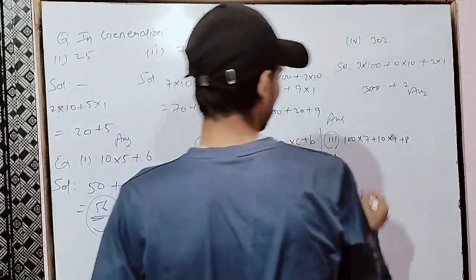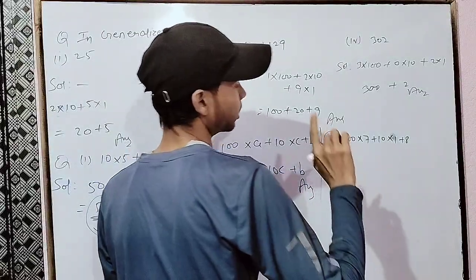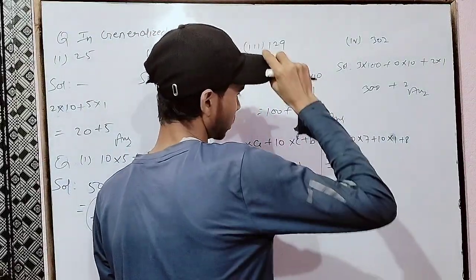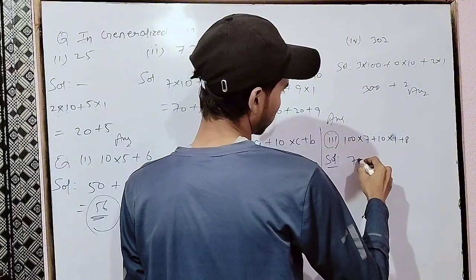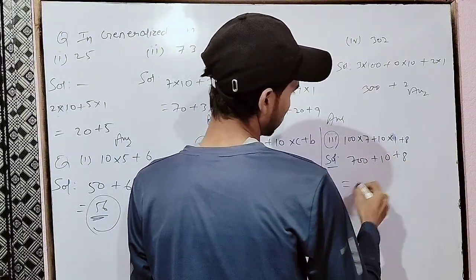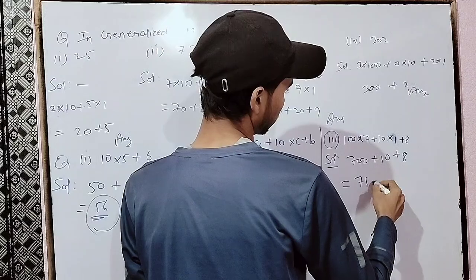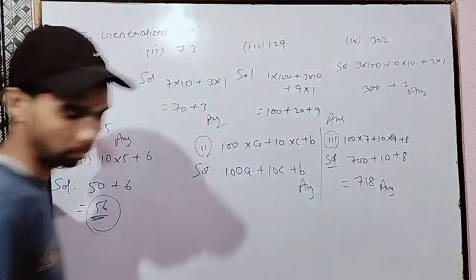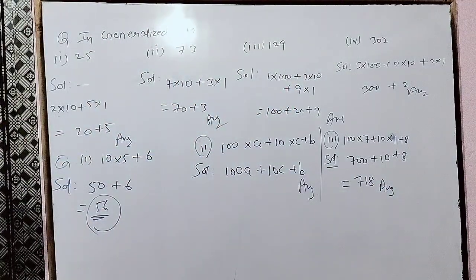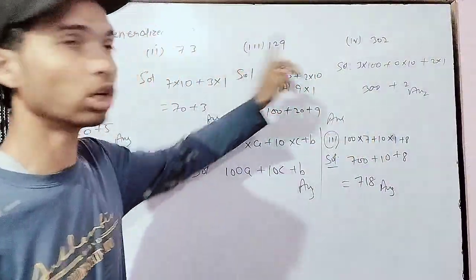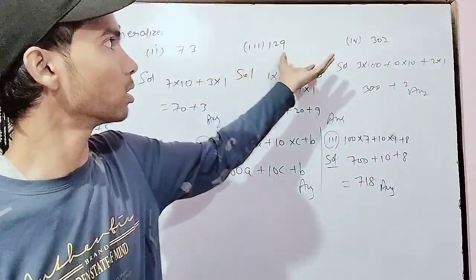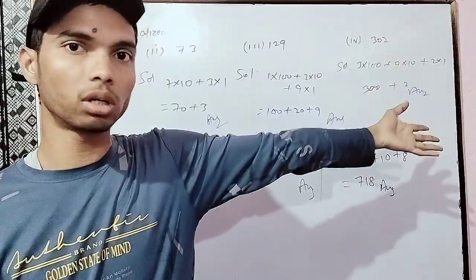Look at this. 100 times 7 will be 700. 10 plus 8. It will become how much? 780. Okay. We can see these numbers were in usual form, and we were converting them into general form.